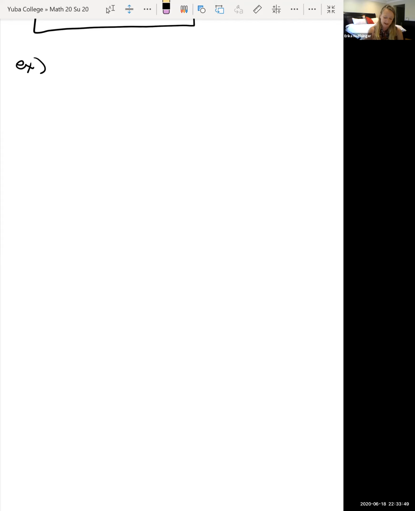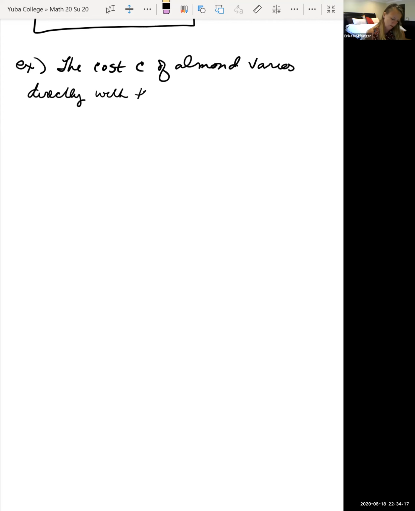So, maybe I need to write this out so you guys can see it. So it says the cost C of roasted almonds, then I'm just going to put almonds, varies directly with a number A of pounds purchased.